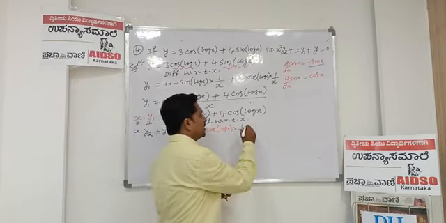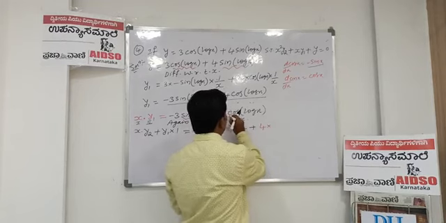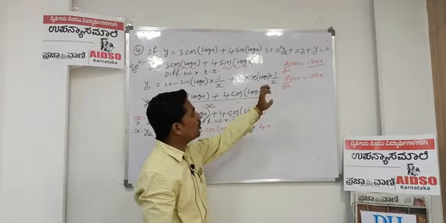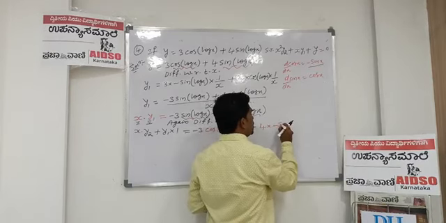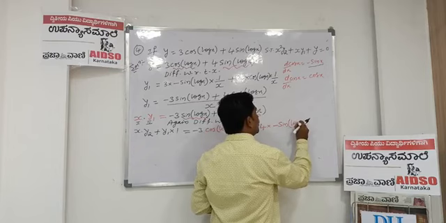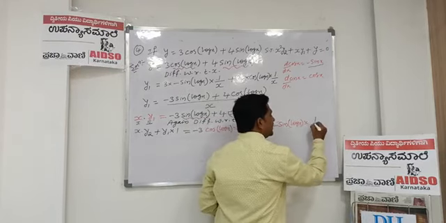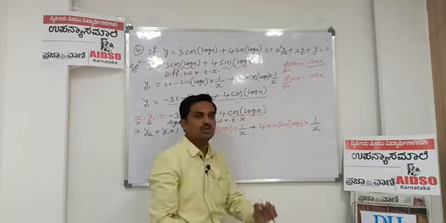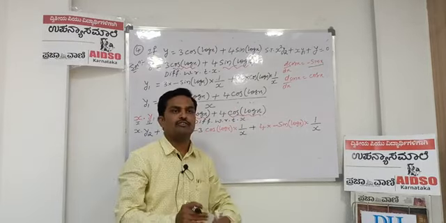by x, plus 4 into, now, the derivative of cos of log x. The derivative of cos x is equal to minus sin x, so it will be minus sine of log x into, again we have to differentiate the log x, and the derivative of log x is equal to 1 by x. So here we have again applied which function?